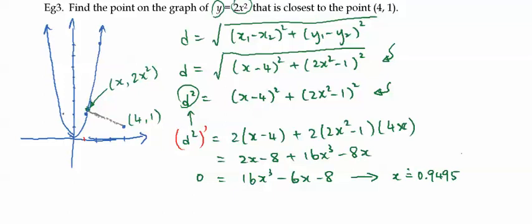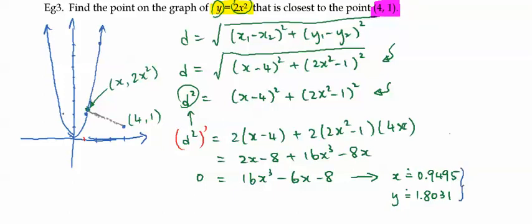Once you have the x value, you can then put it back into the original function, and that will give us the y coordinate as well. And these are the coordinates for the point that is closest to (4, 1).